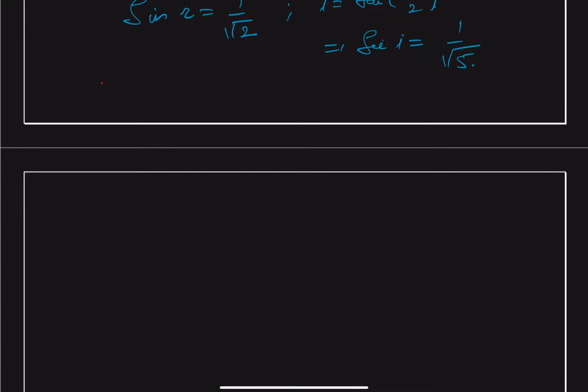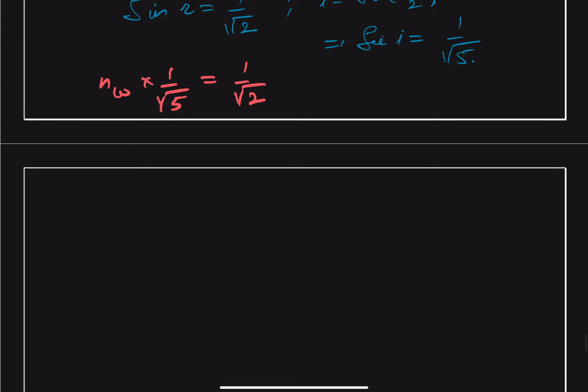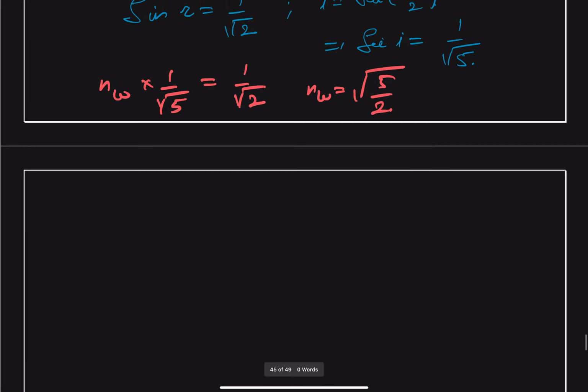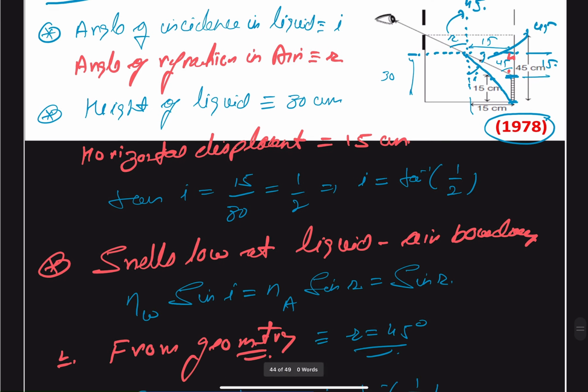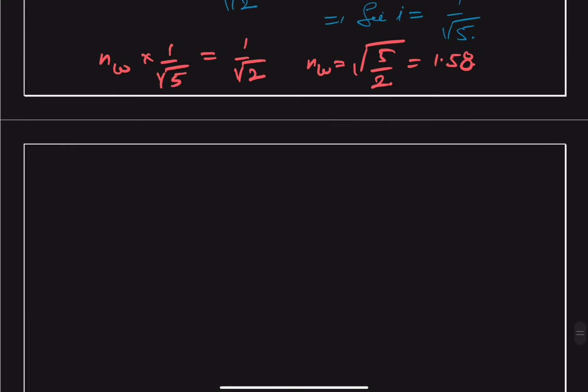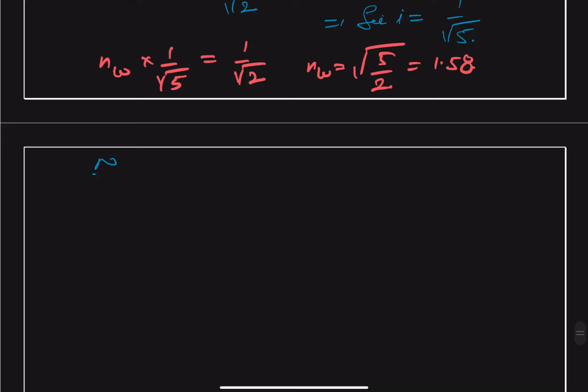So refractive index of water into 1 upon square root of 5 is equal to 1 upon square root of 2, and this gives us that the refractive index of water is equal to square root of 5 divided by 2, approximately 1.58, and we are given that the refractive index is n by 100.